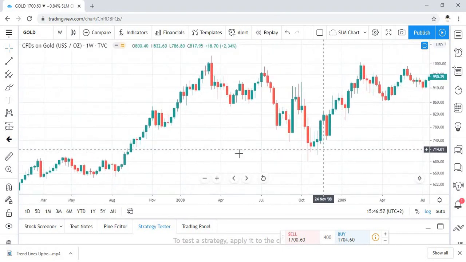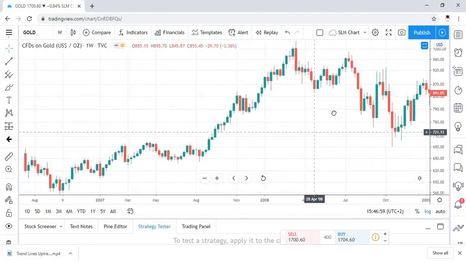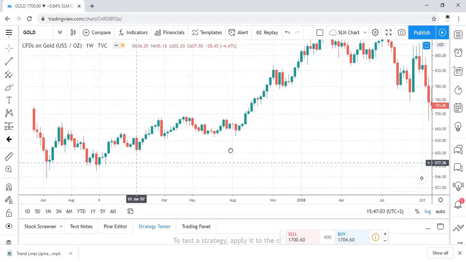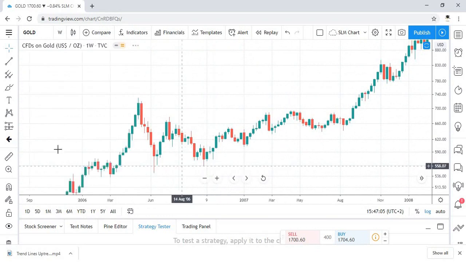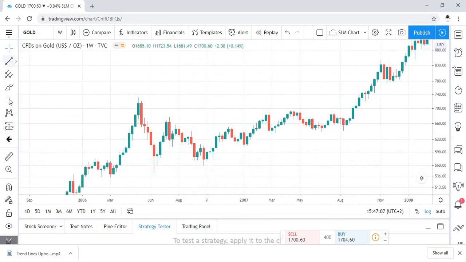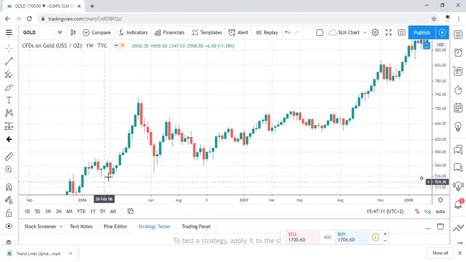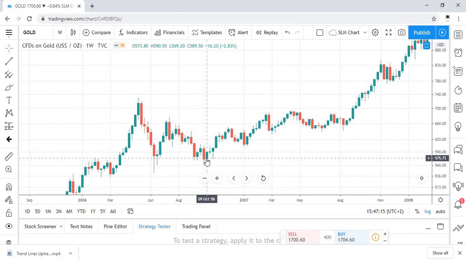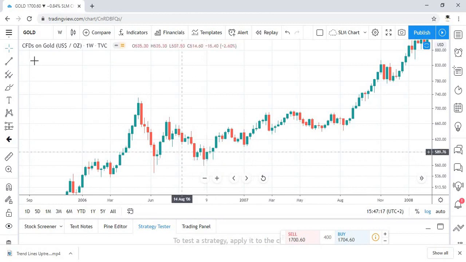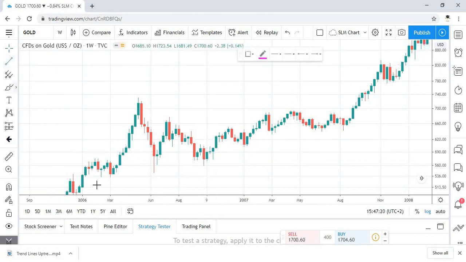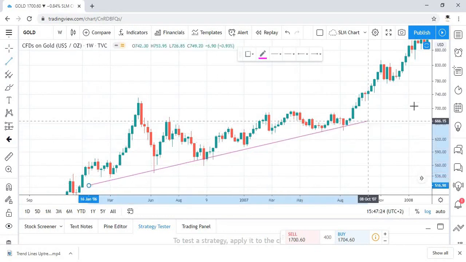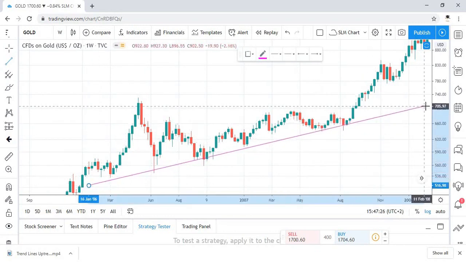So for example, I'm going to start at this point here. And I'm going to pick these two to draw my chart. So there I've got a swing low, and I've got a swing low there as well. So I'm going to first put my line here.